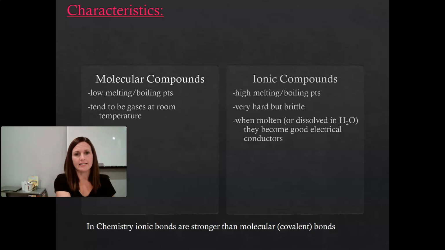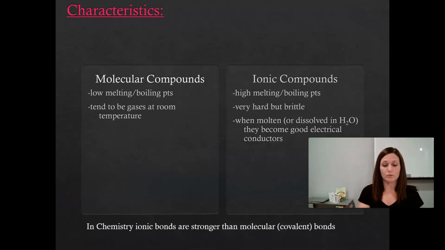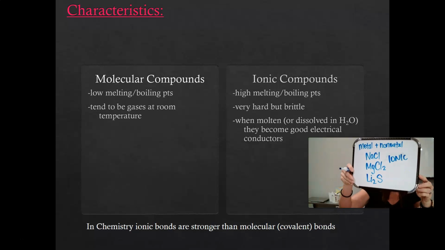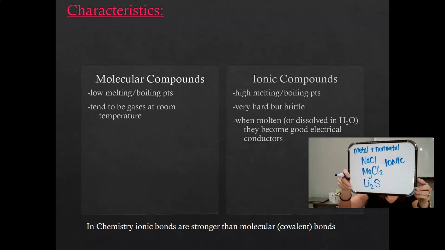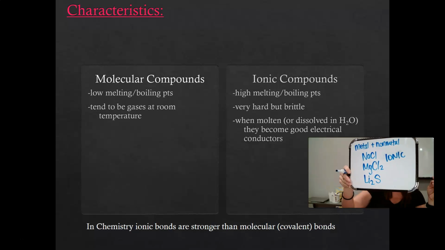On the other hand, ionic compounds, like the ones we were just talking about, combine a metal and a non-metal. Again, if you don't have this written down somewhere, you should do it now. Ionic compounds are between a metal and a non-metal. They're things like NaCl, MgCl2, and Li2S, and we call those ionic bonds.